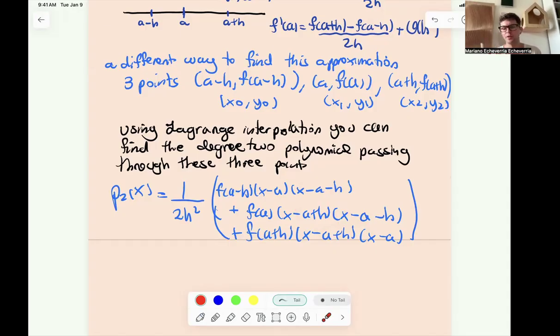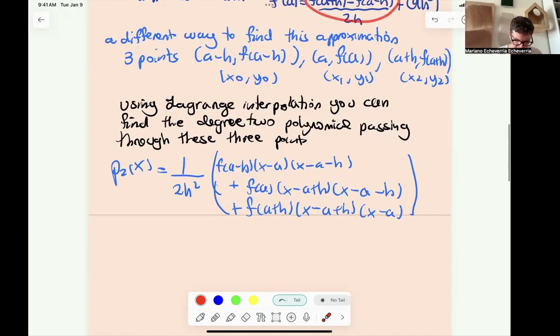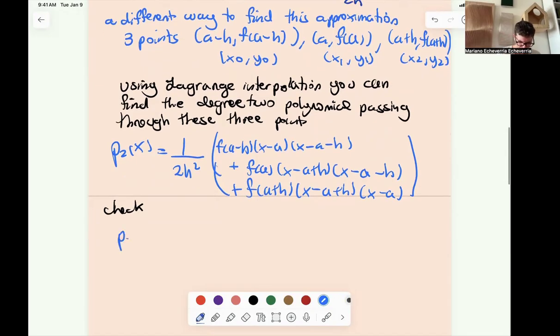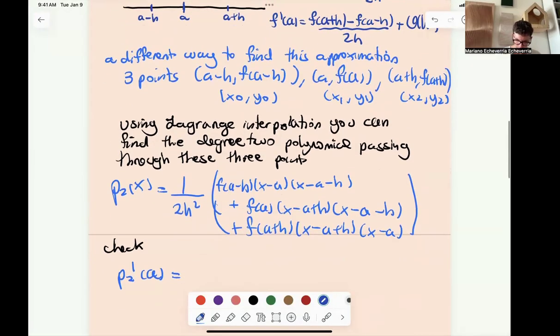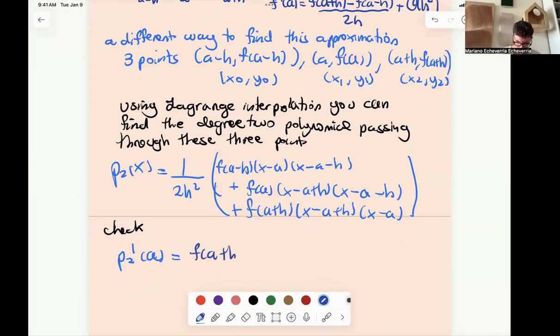If you find the derivative of this polynomial and evaluate it at a, you literally get back this expression. It's a good thing to check. You just have to use the product rule. You can check that P2 prime evaluated at a gives you the formula that we obtained from Taylor's theorem with this central approximation.